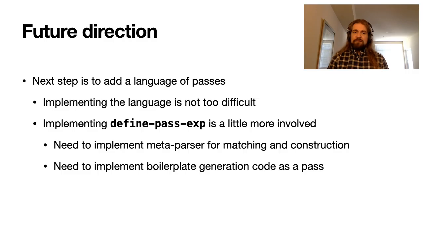We also need to re-implement the boilerplate generation code as a pass. We have that code as part of the larger define-pass macro right now, but it's going to need some refactoring to deal with the fact that it's now handling passes.